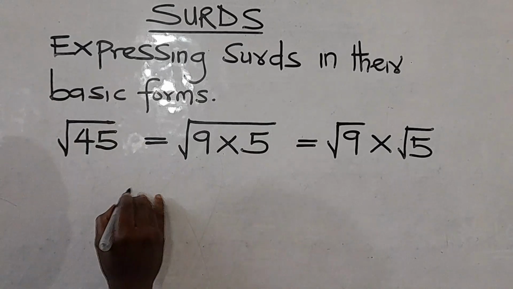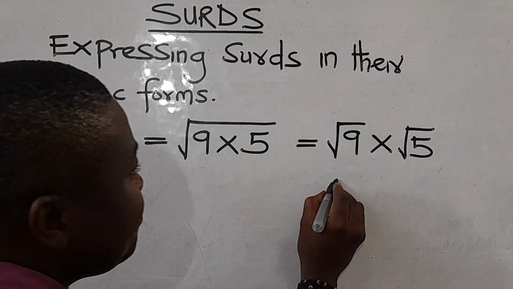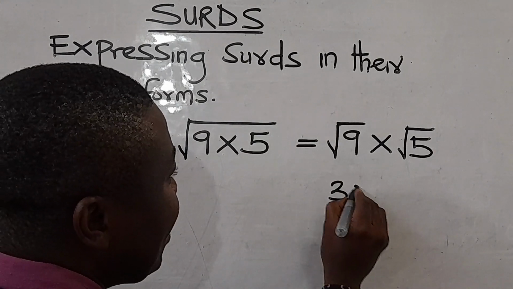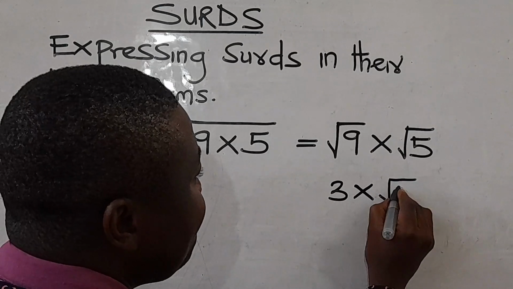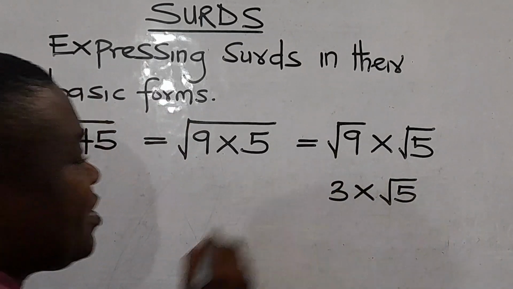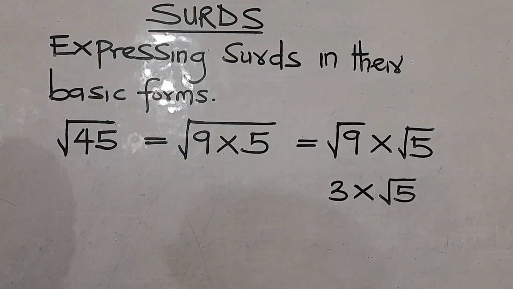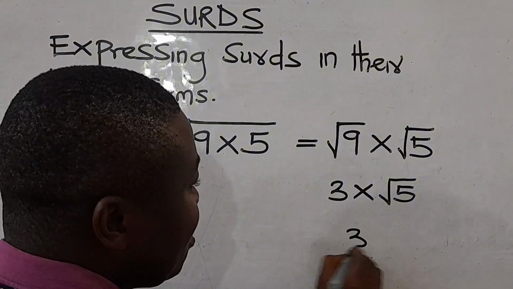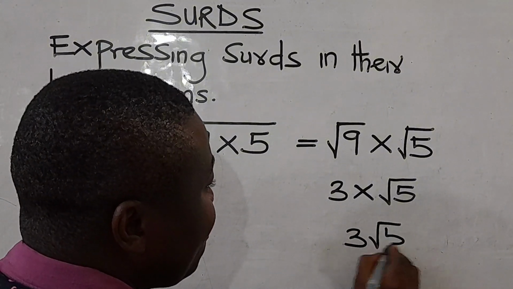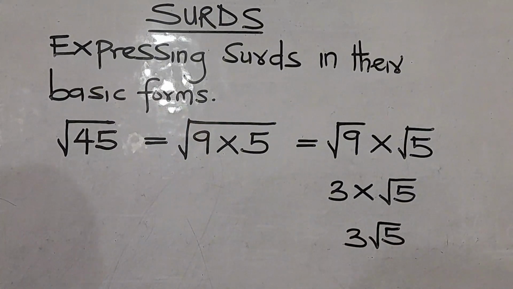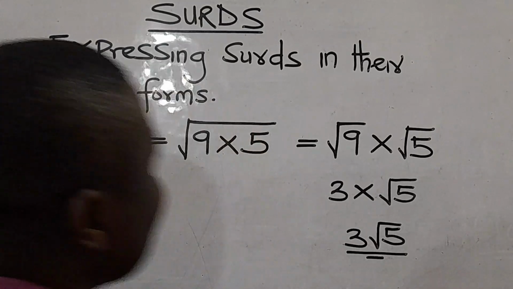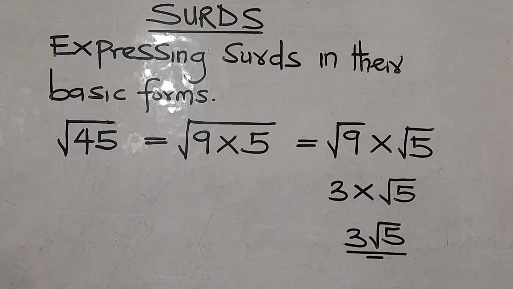So this now becomes 3 times root 5, because root 9 is not an irrational number. This gives us 3 root 5. This surd is now in its basic form.